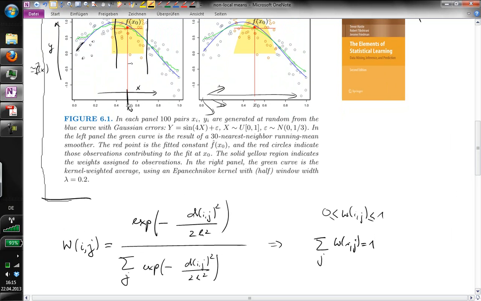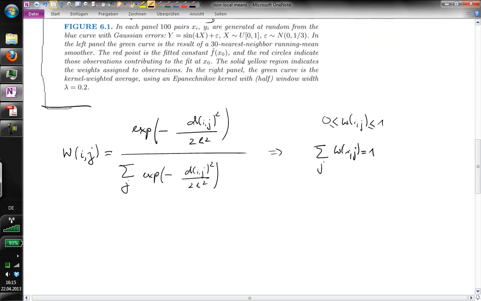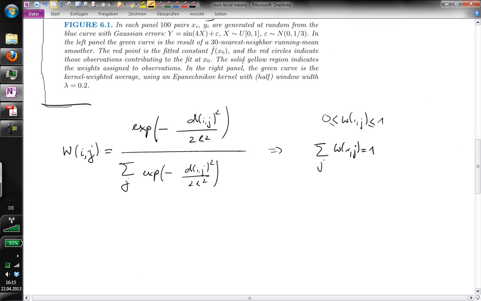In this example here, distance was simply the Euclidean distance between 2 points, and they use, depending on the paper you read, either the Euclidean distance or a weighted Euclidean distance.